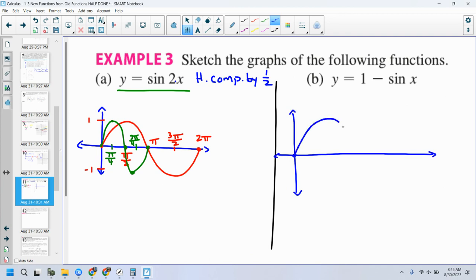Here, where this is pi, this is 0, this is 2 pi, this was 3 pi over 2, and this is pi over 2. Okay. First things first, let's describe the transformations. It might be better to rewrite it as negative sine x plus 1. I might think of it better that way.